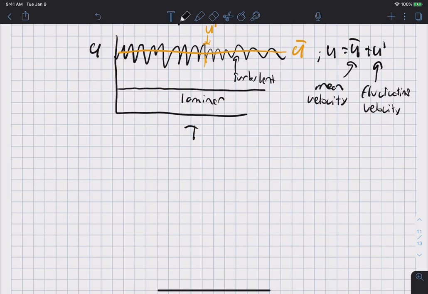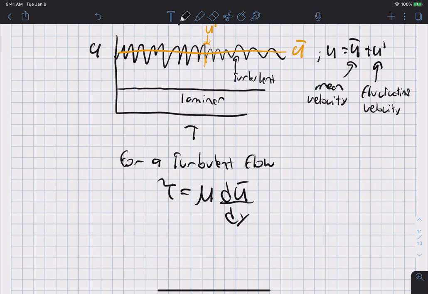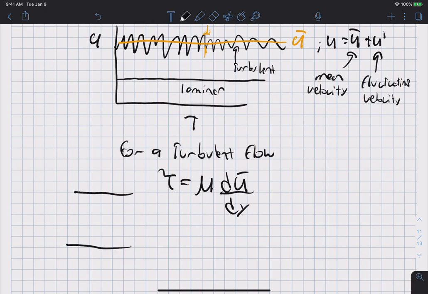Okay, and it turns out that for a turbulent flow, the shear stress is equal to mu times du dy, where if we have a channel or a pipe, we can measure y as the distance from the wall. So tau is equal to mu times the slope of the mean velocity profile minus the so-called Reynolds stress, which is rho times u prime v prime bar.